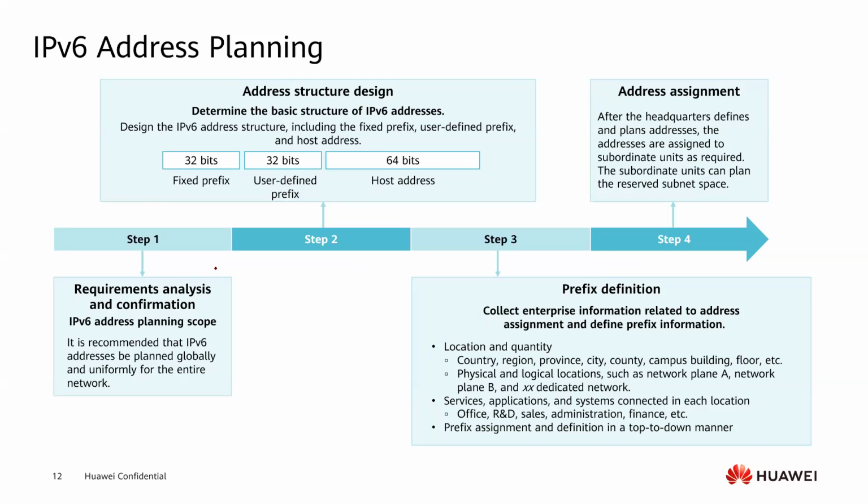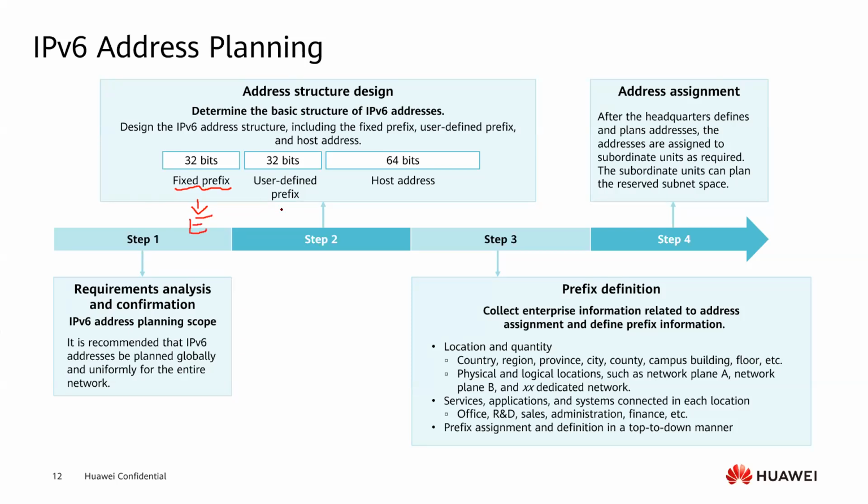So you need to analyze the requirement first, and then based on the requirement, you can design the address structure. As usual, we will separate the address into three parts. First is the fixed prefix, which determines what enterprise you are.